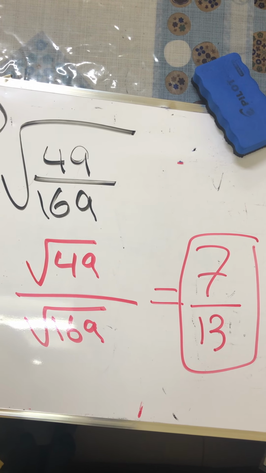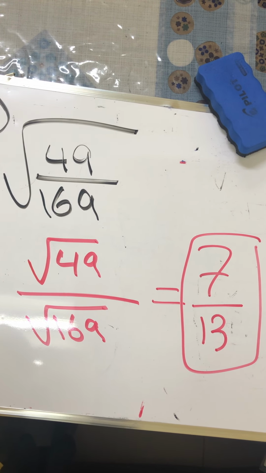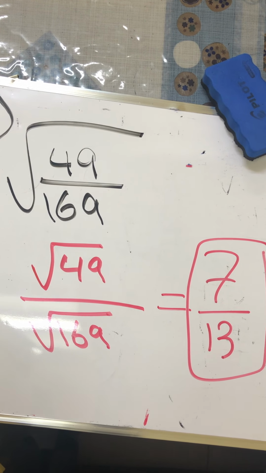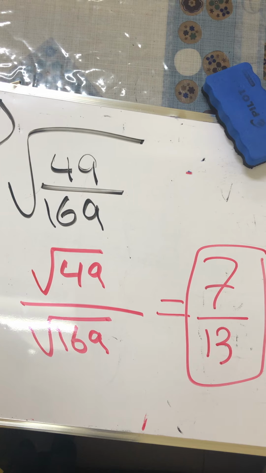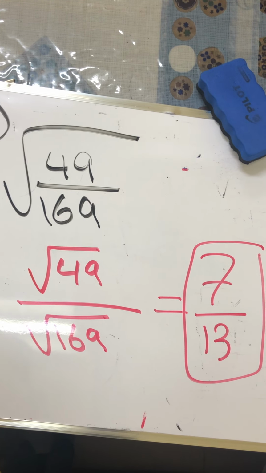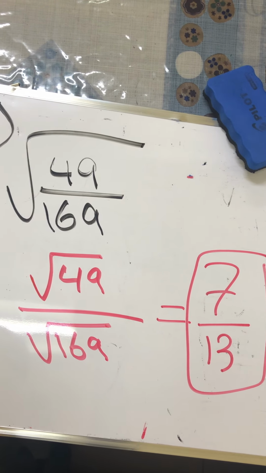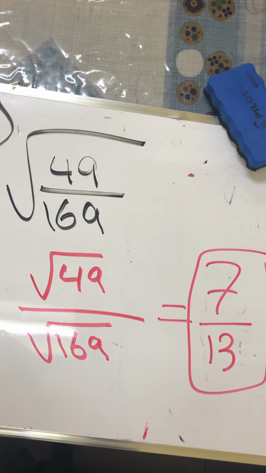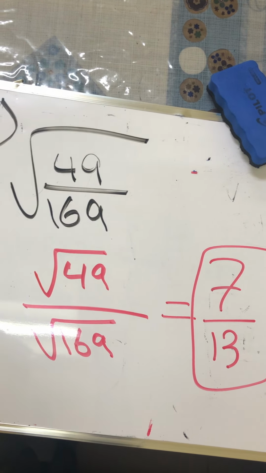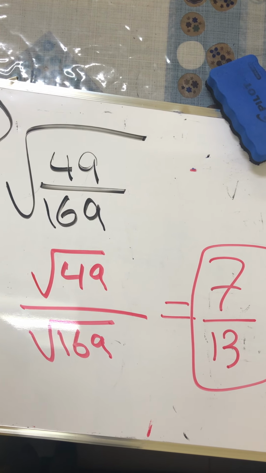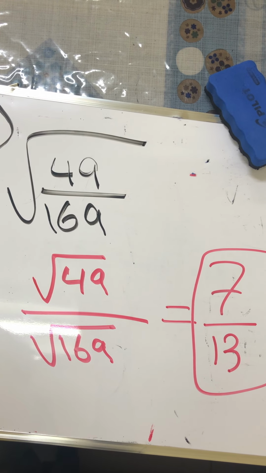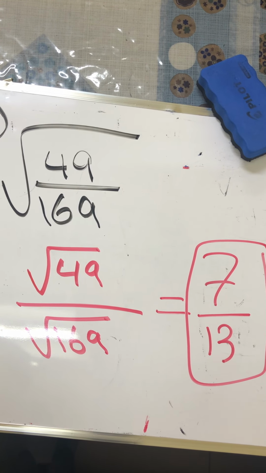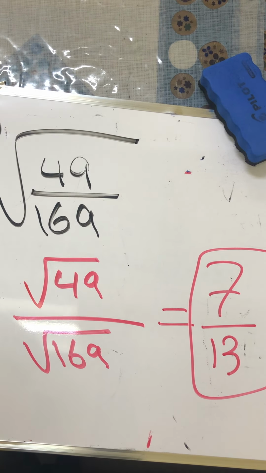Do you remember in the first term, or I wrote them again when I explained the square root. I wrote them for you, grade 9. And of course, you must know them, okay? So 169 is the multiplication of 13 times 13. So the simplification will be 7 over 13.